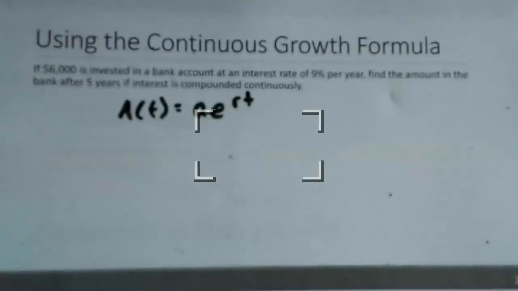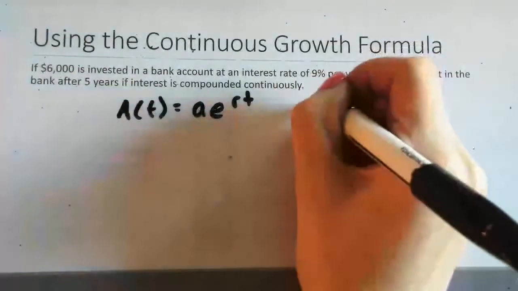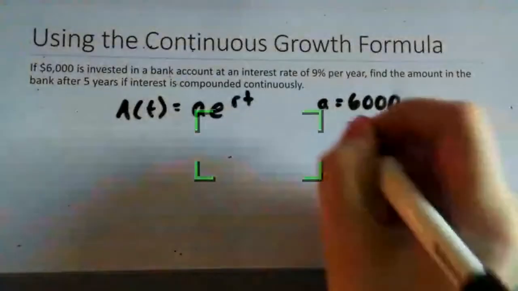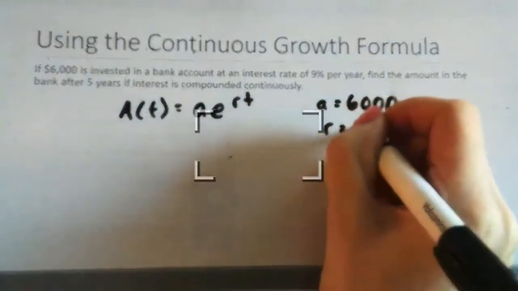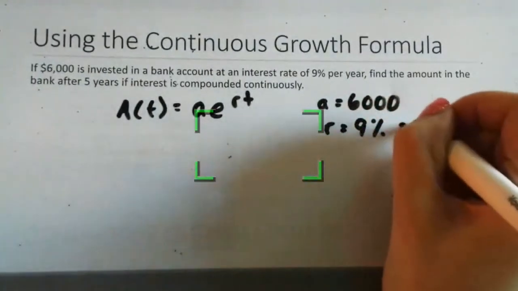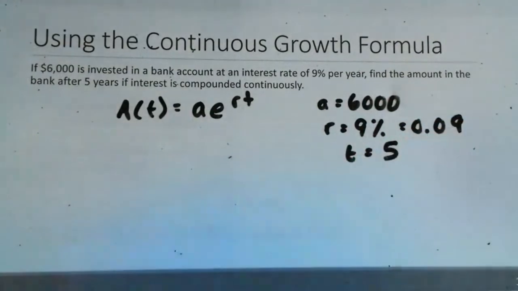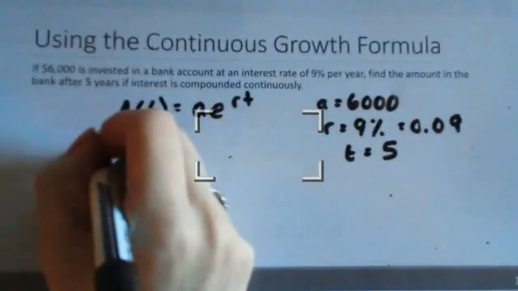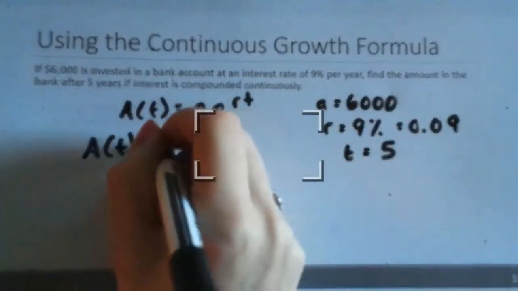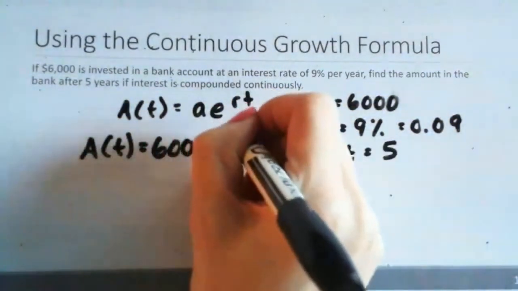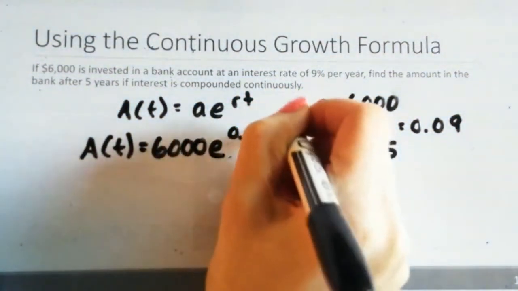They told us what we were starting with. We're starting with 6,000. So A is 6,000. They told us our interest rate, R, is 9%, which we write as a decimal as 0.09. And t, they're telling us to use 5 years. So the amount this is worth is 6,000 e raised to the power of 0.09 times 5.